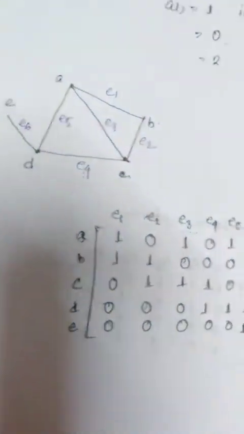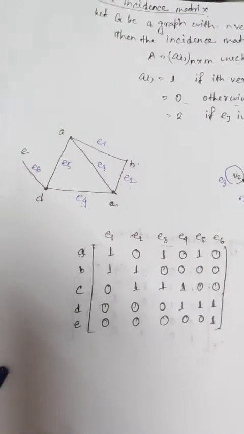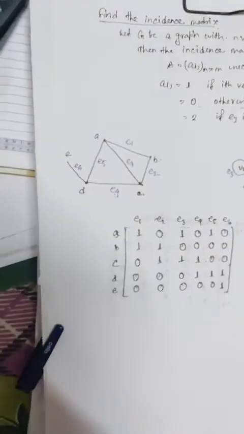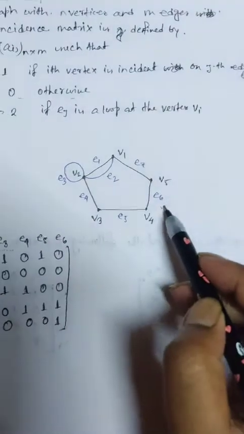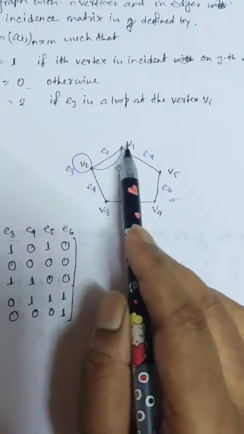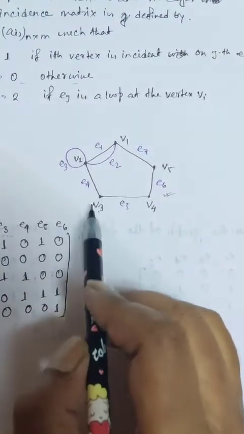So I hope you understand how to construct this matrix. Now I will show you another problem, for this graph. How many vertices are here? That is V1, V2, V3, V4, V5. And how many edges are there?